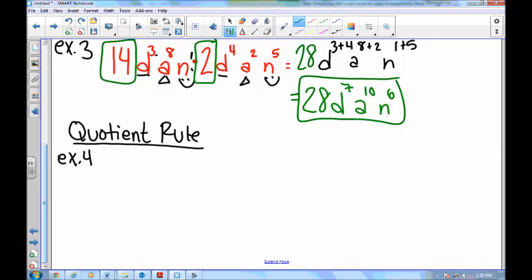Okay, do you know what the word quotient means? It does deal with division, but which part of division? Good. The answer to the division problem. So, we have division. What's your favorite letter?